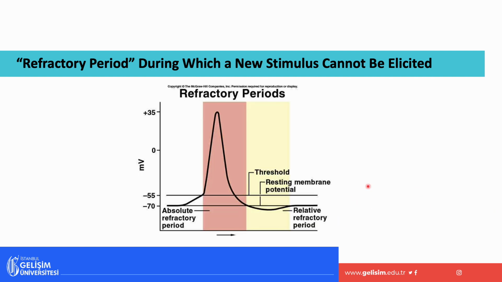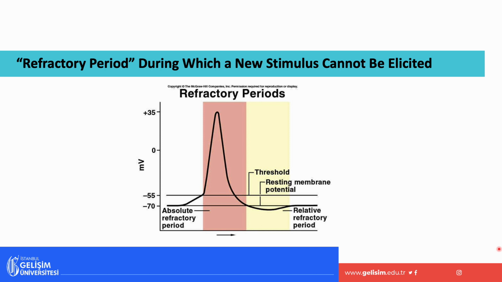So to sum things up, remember, the refractory period is a period of time during which the cell is not capable of repeating an action potential. Okay? And we said that the absolute refractory period is the interval of time during which a second action potential cannot be started, no matter how large a stimulus is repeatedly applied.